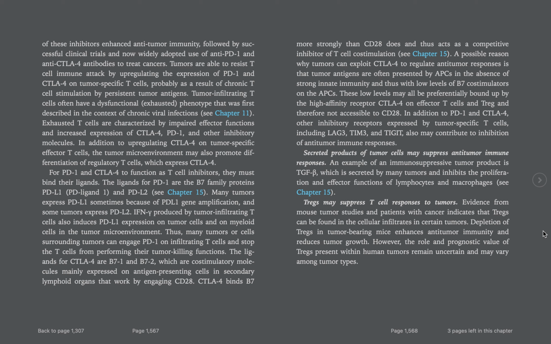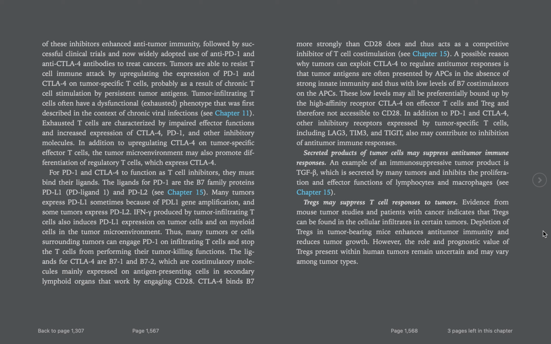A possible reason tumors can exploit CTLA4 to regulate anti-tumor responses is that tumor antigens are often presented by antigen-presenting cells in the absence of strong innate immunity, and thus with low levels of B7 costimulator on antigen-presenting cells. The low level may be preferentially bound up by the high affinity receptor CTLA4 on effector T cells and Tregs, and therefore not accessible for CD28.